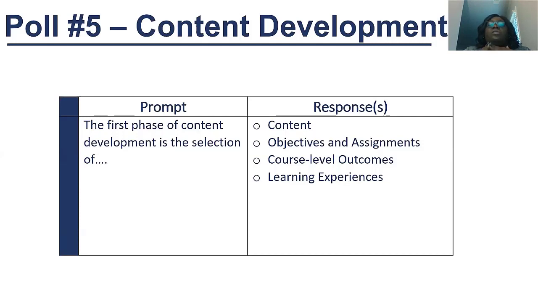Awesome. So the selection or creation of course level outcomes. Many times when we go to universities, we may be given a course syllabus. We want to make sure that we review that course syllabus to ensure that the content is current and that it's valid. And if it uses publisher created material, go ahead and start looking for open education resources that are directly related.